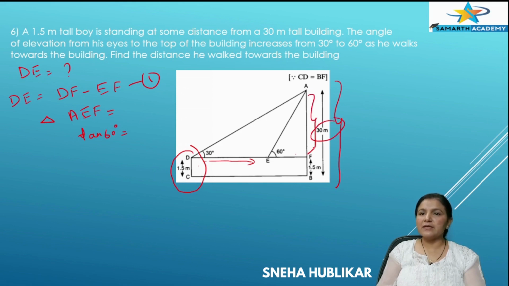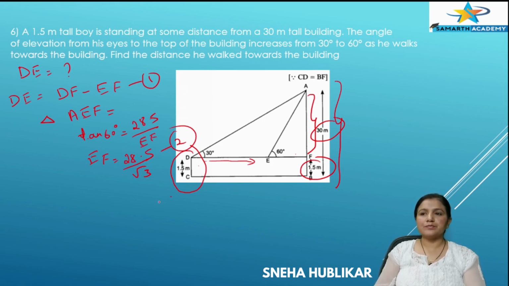AF is 30 minus 1.5, that is 28.5. Opposite is 28.5 by EF. Tan 60 is root 3. Hence, our EF becomes 28.5 by root 3. Mark this as 2. Okay, so we got EF.